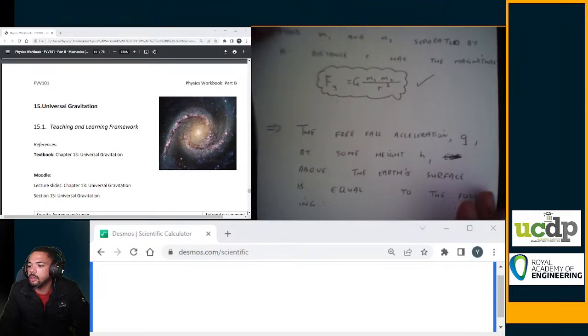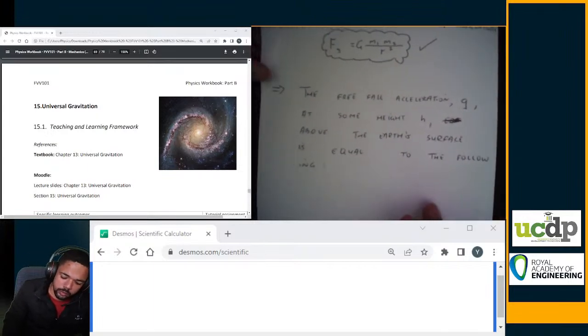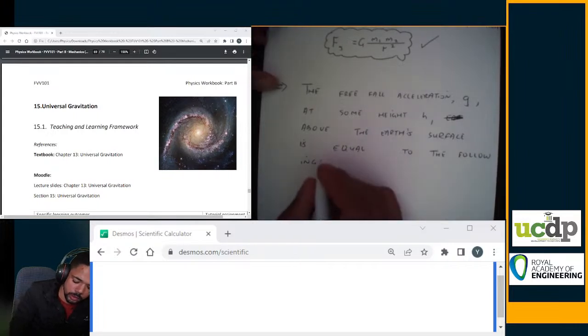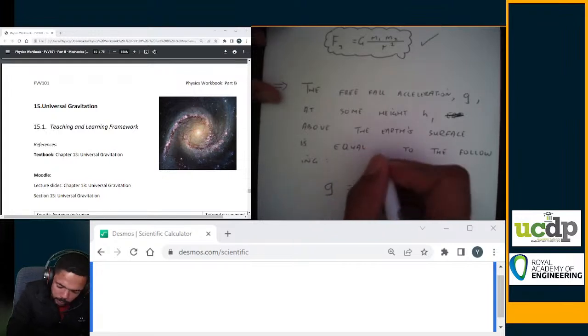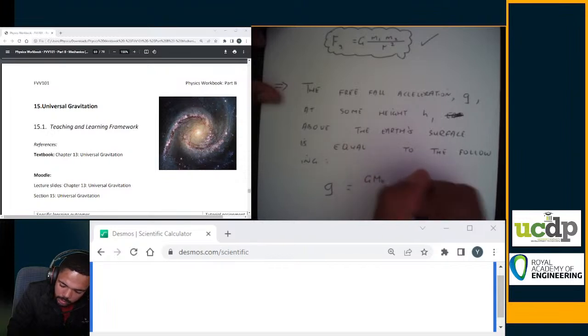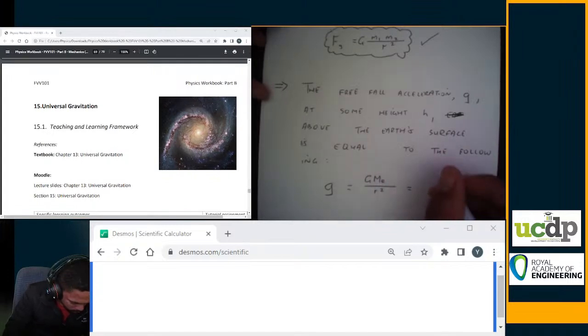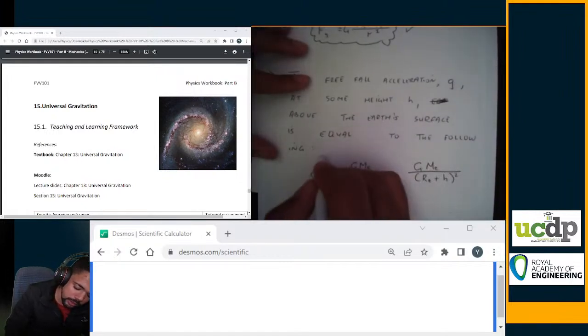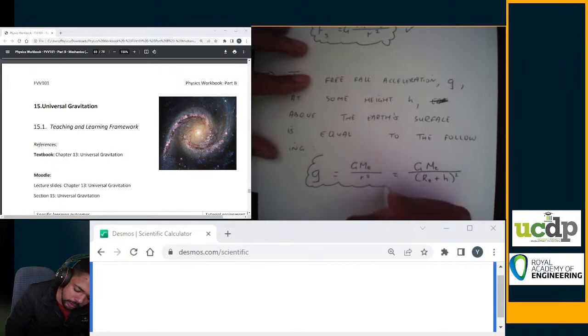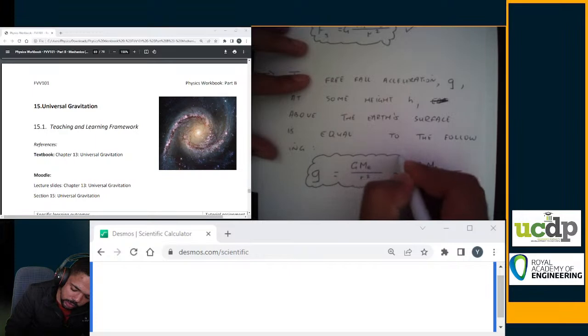So this is how you calculate the free fall acceleration g above the earth's surface: it is equal to the gravitational constant multiplied by the mass of the earth divided by r squared, which is equal to G times the mass of the earth divided by the radius of the earth plus the height above the earth, that whole sum squared.